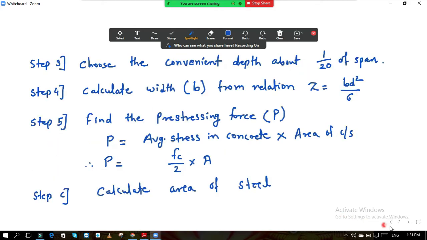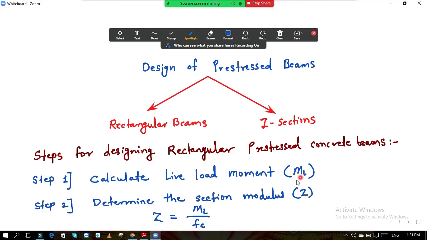And always see that when we calculate this live load moment, generally we consider the UDL acting along the beam. We don't normally consider the point load. If a point load is acting, then we convert that point load into the UDL while designing these prestressed concrete beams. It is as per IS 1343. There is a separate IS code for prestressing, 1343. In that, these details are given.